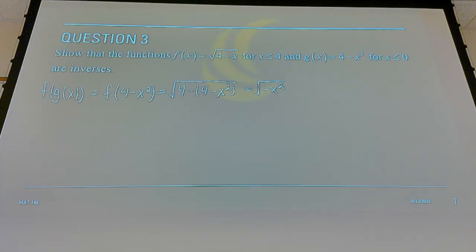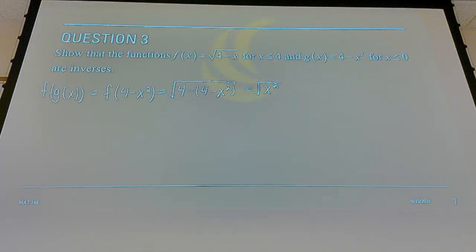Notice if it was negative x squared, we'd have a problem, because x squared is always positive. So you'd be taking the square root of a negative number, which we can't do in the real plane. So it can't be negative x squared. So it's just x squared.